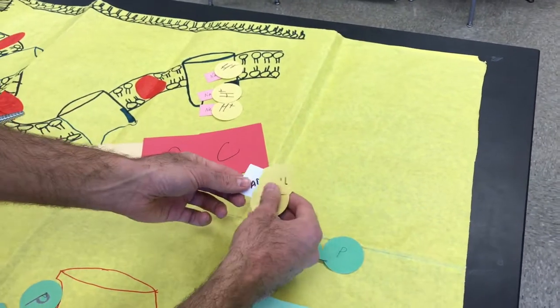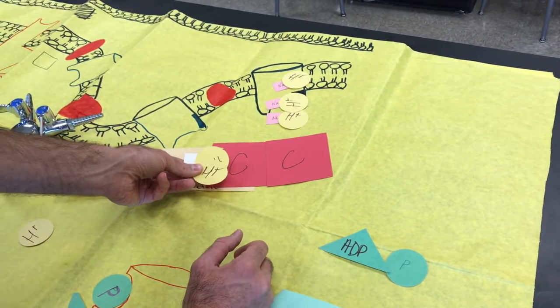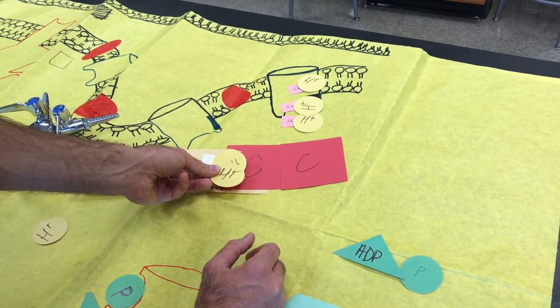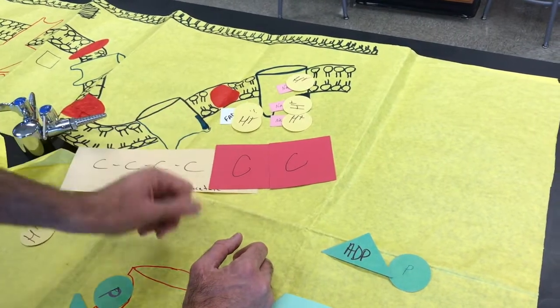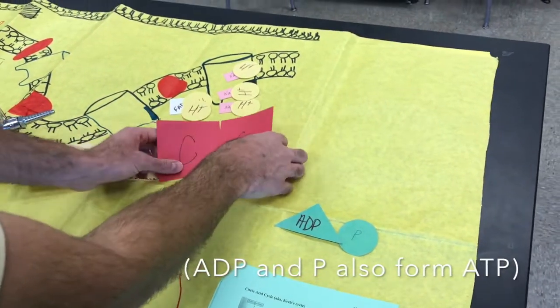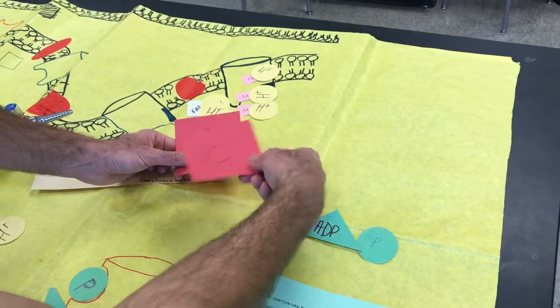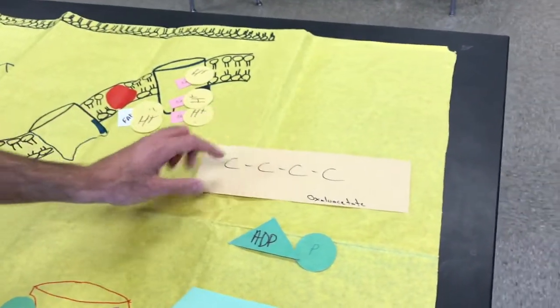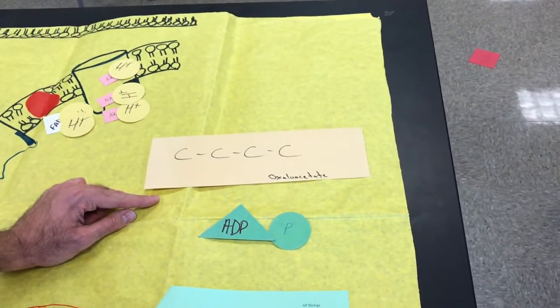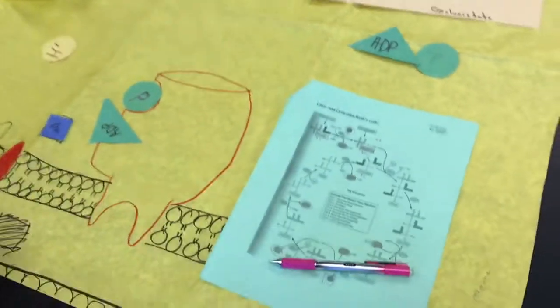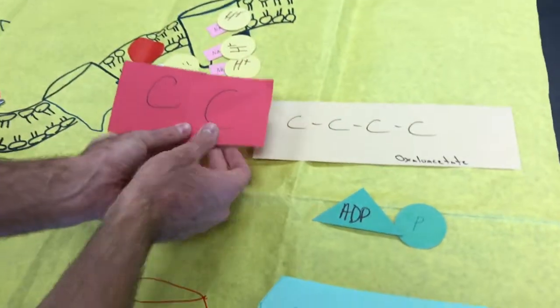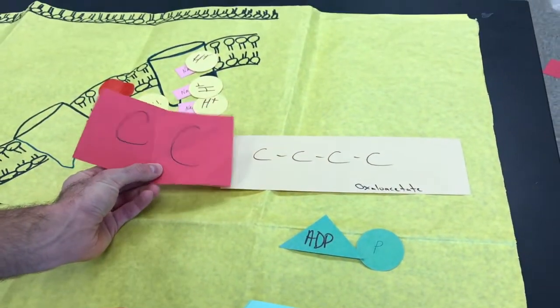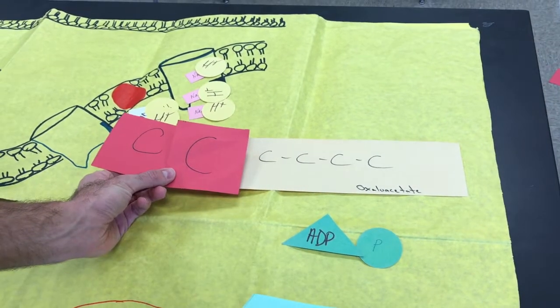FAD will be reduced to FADH2, and in the process we're breaking off 2 molecules of carbon which are exhaled. That leaves us with this 4-carbon oxaloacetate, which is now ready to join 2 more carbons from glycolysis, and then this whole process happens a second time.